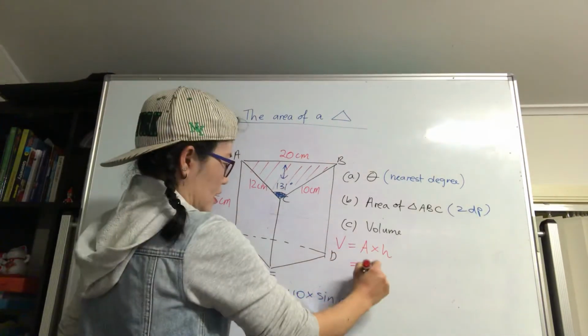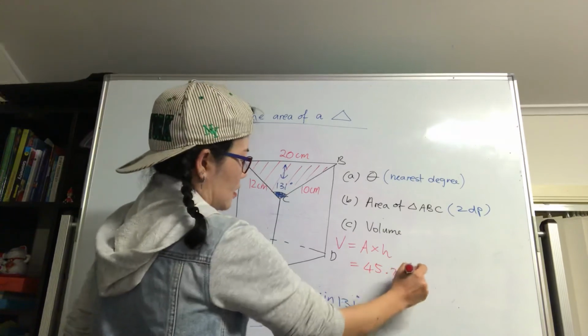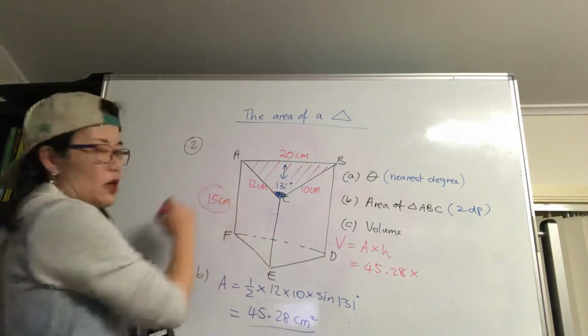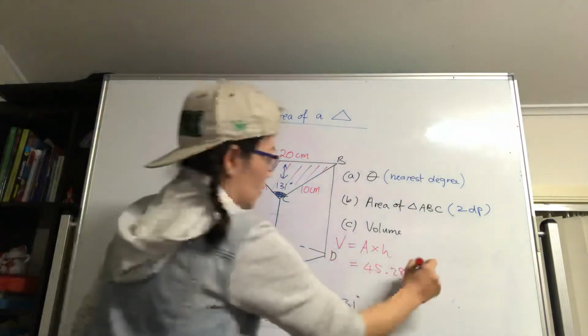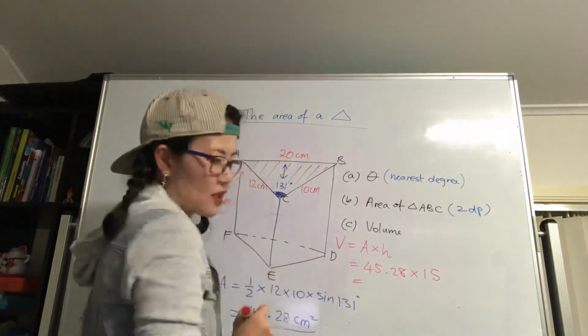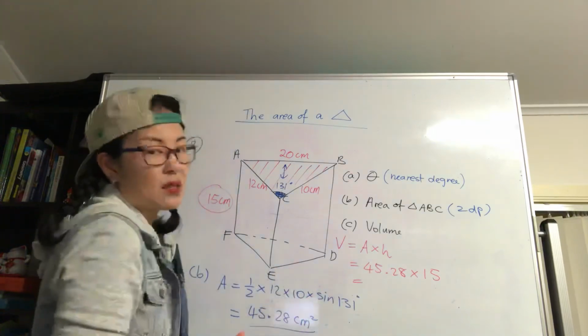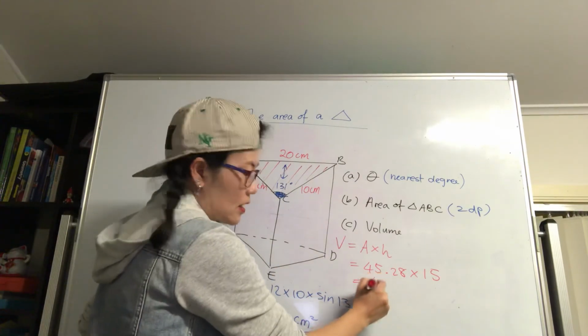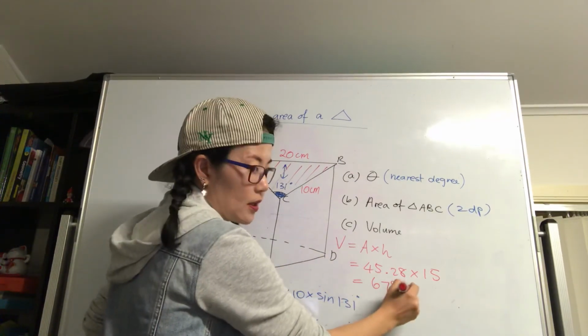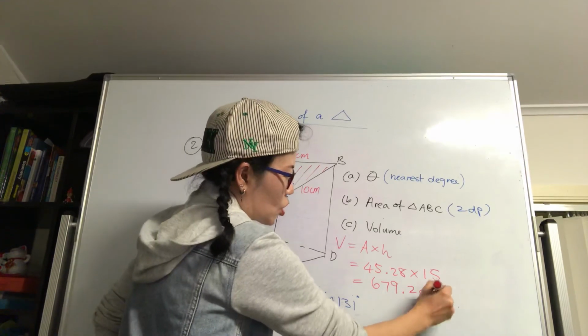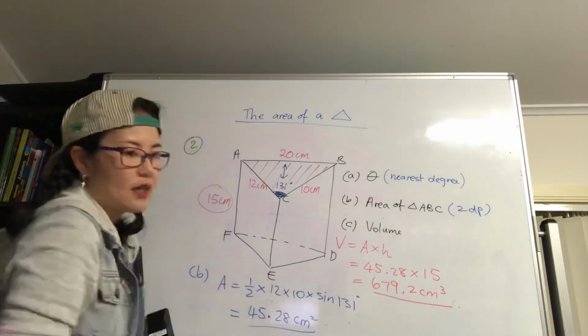So we're going to write 45.28 times, what's the height? My height is 15, so it'll be 15. Put that in your calculator. It'll get 1 decimal anyway. So it'll be 679.2 centimeters cubed. Okay, that's what I've got.